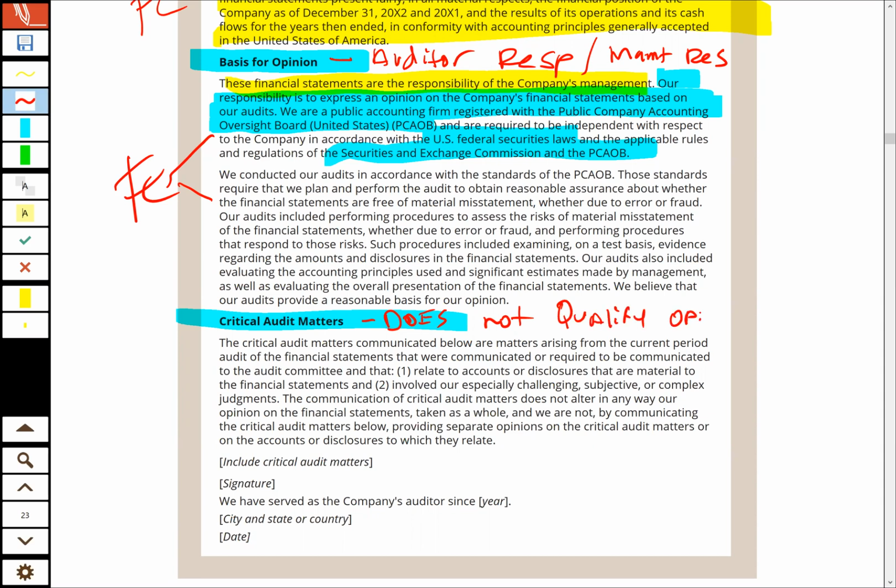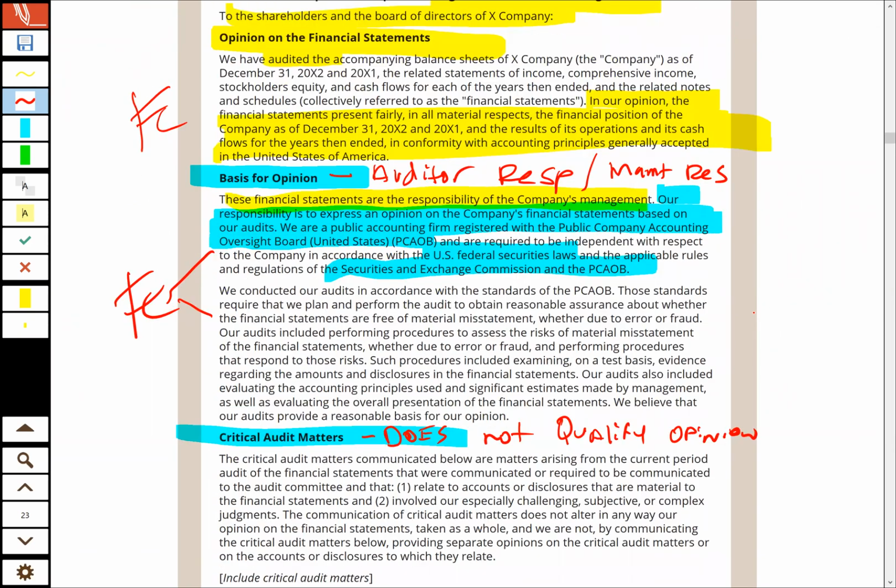It's still considered an unqualified opinion, but they make you add that critical matters. And if you say you don't have one, then you can go ahead and just say none, but then they kind of say, well, we'd like you to have at least one. So that's a pretty easy thing. Just put on your flashcard there what I just told you, which is, you know, put the critical matters paragraph, but it does not qualify the opinion, okay?